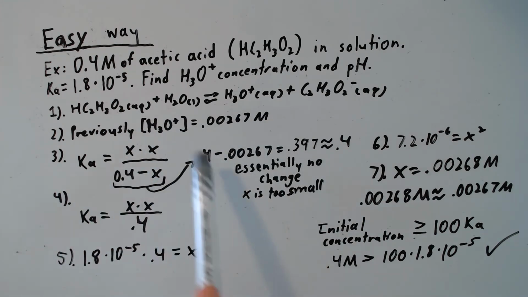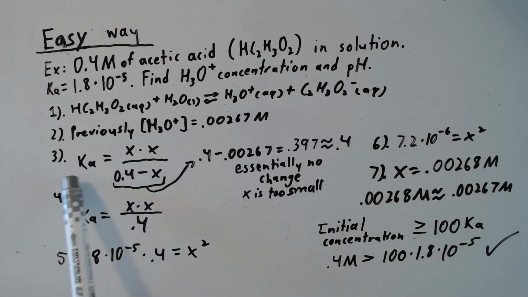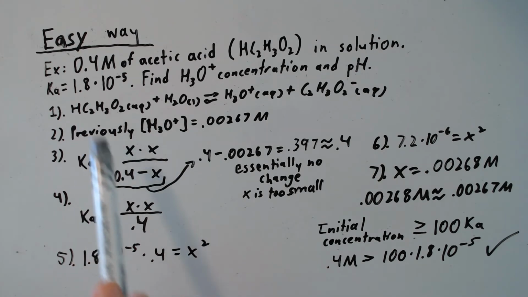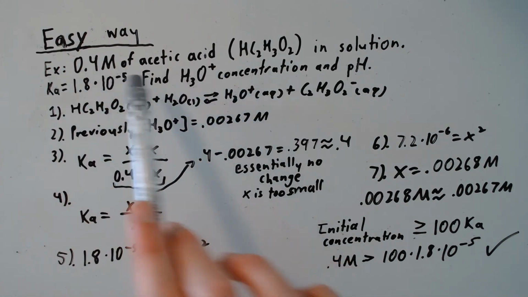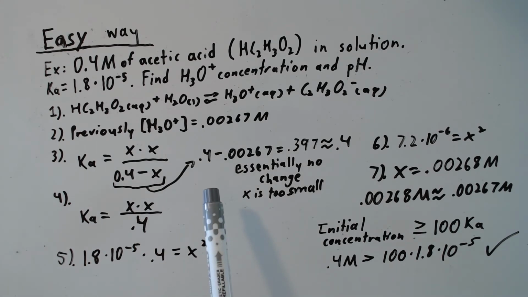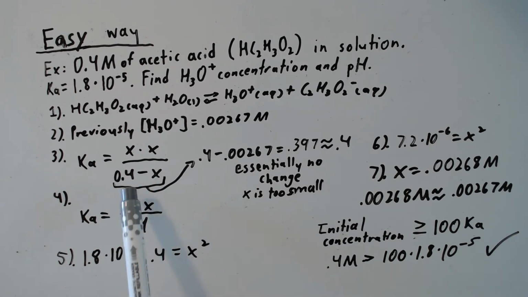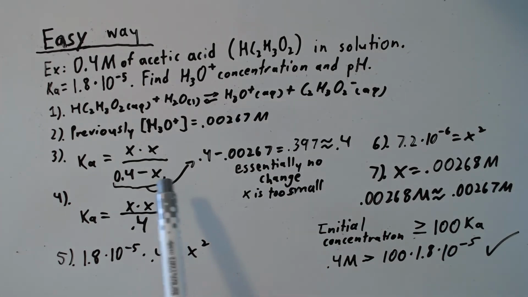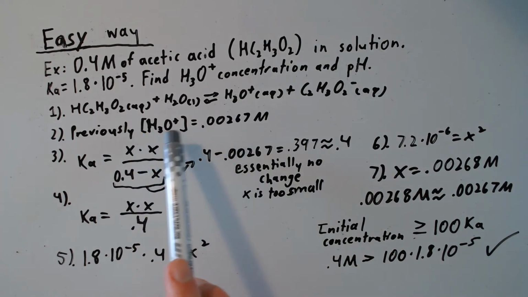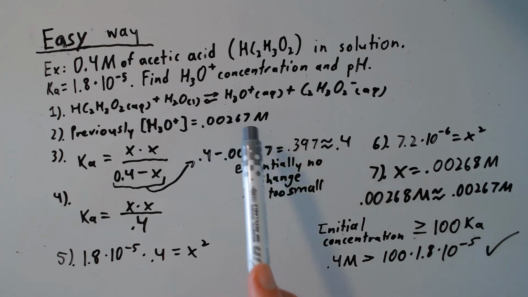We draw our equilibrium equation here, with the Ka equaling the two x's on top, x times x, and on the bottom the 0.4, the initial concentration of acetic acid, minus x, the concentration of it that dissociates to form the x on top and the other x on top. Now here we do not have to write 0.4 minus x, surprisingly. In fact, we can take away this x to just write 0.4. Now why is that possible? It's because we previously saw that the concentration of H3O+ formed is 0.00267 molar.